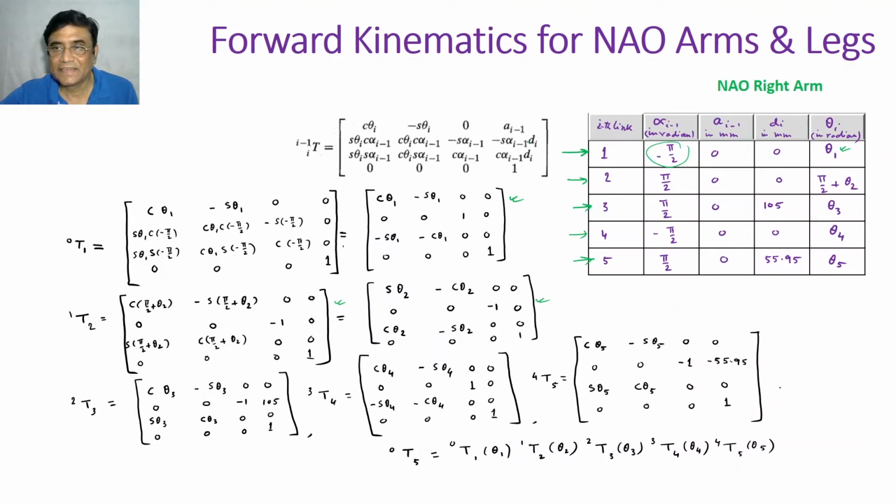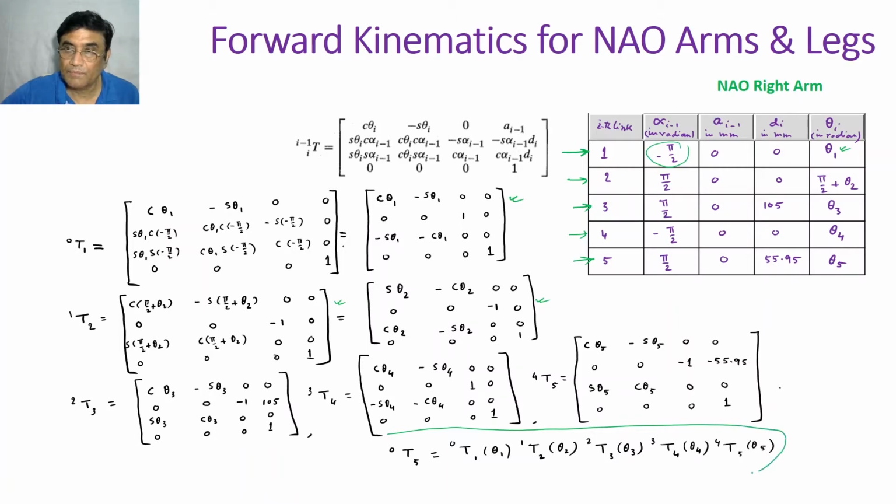DI is actually 55.95, but since sine of minus pi by 2 is there, sin pi by 2 is 1, so the minus sign remains. That's why the minus is coming. Well, so that's it, and you have got the first arm.